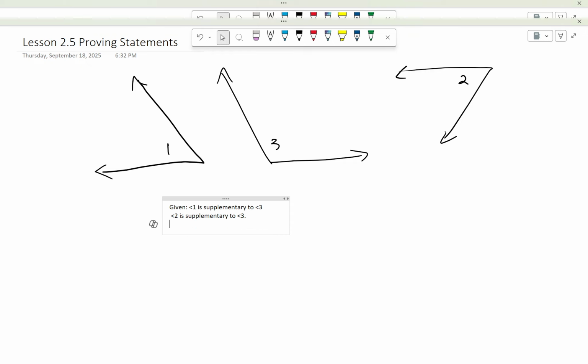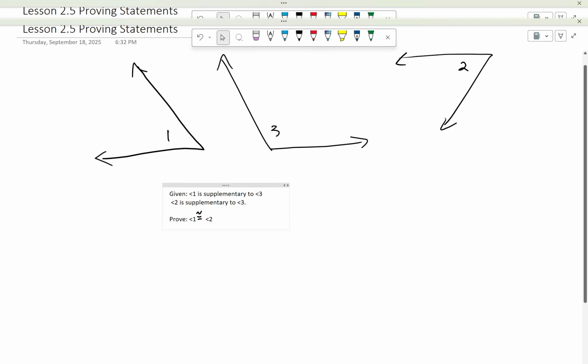And what we're going to prove is that angle 1 and angle 2 have the relationship of being congruent.